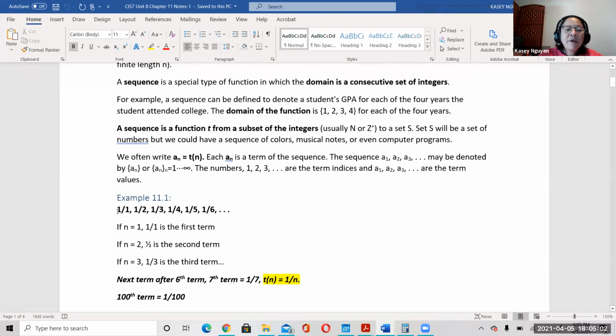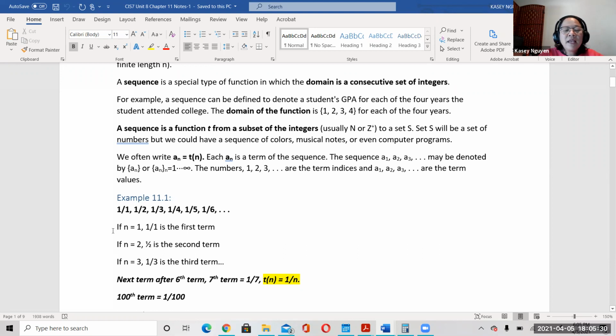So when we have 1 over 1, 1 over 2, 1 over 3, 1 over 4, 1 over 5, 1 over 6, and it can continue on. So when you look at the sequence, first you have to see what is the pattern, right? We see that the denominator is increasing as the nth value is increasing.